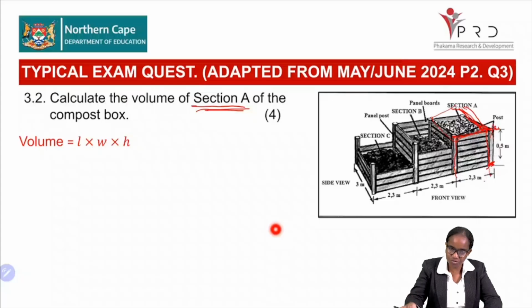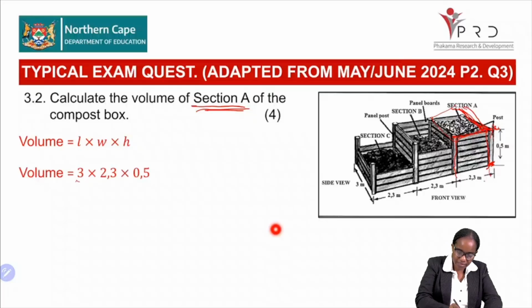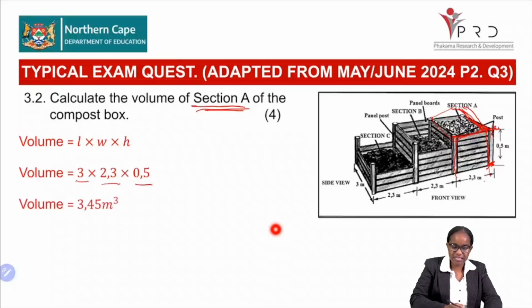Then you substitute into your formula, your length, your width, and your height. Punch it on your calculator. You should be able to get 3,45 cubic meters, because this is volume. It's in cubic units.